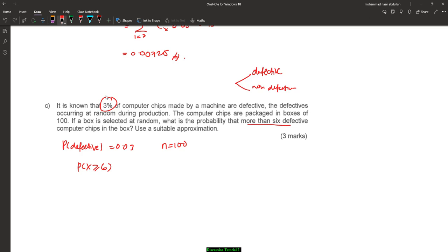So now, it says here use a suitable approximation. So if you calculate by using the binomial distribution, you will not get marks.